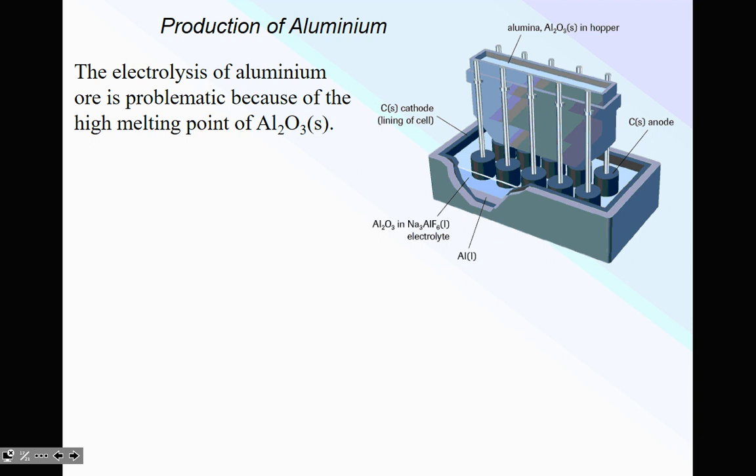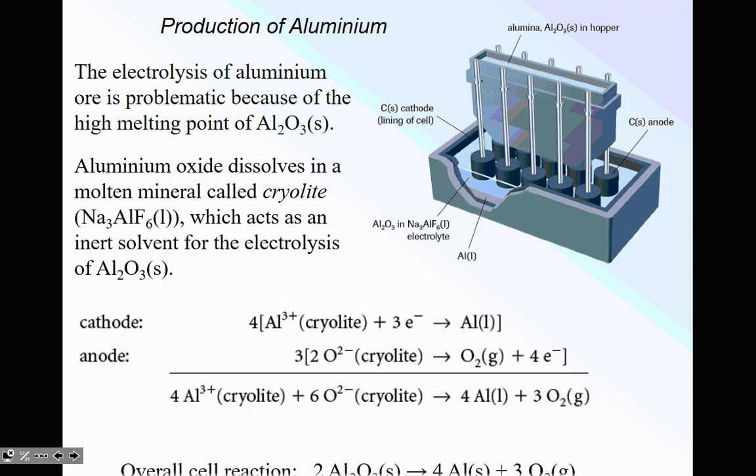So now what I'm going to do is just go over some definitions and some examples of what happens with electrolysis. Now, you're not going to be tested on this, but it would be part of like an info box. So the electrolysis of aluminum ore is problematic because of the high melting point of your aluminum oxide.